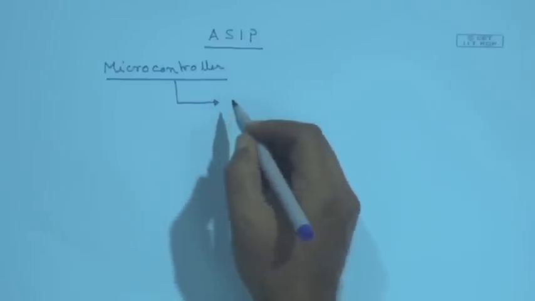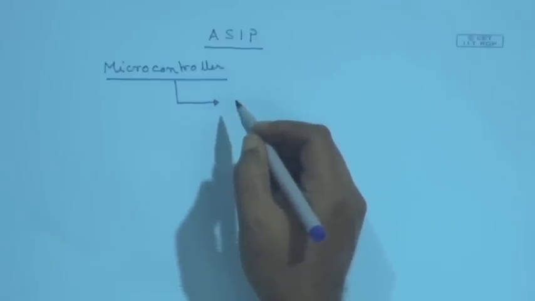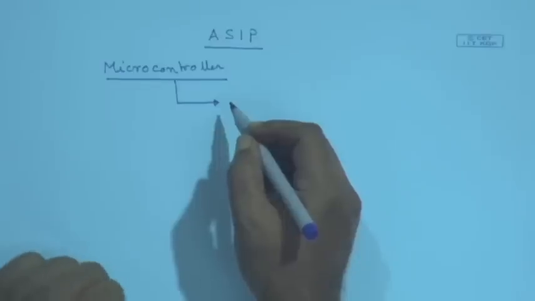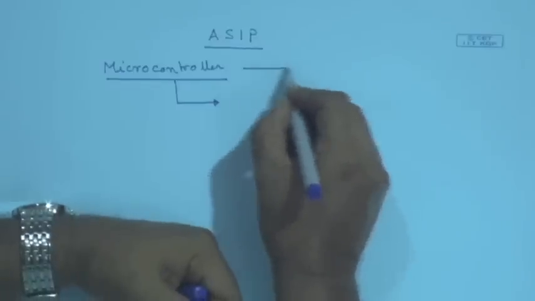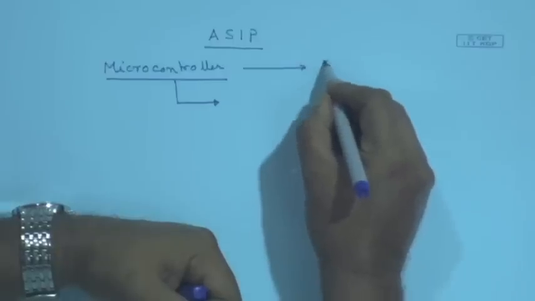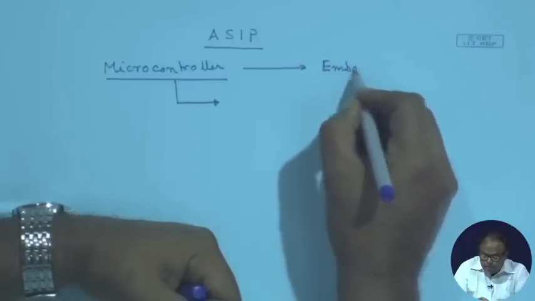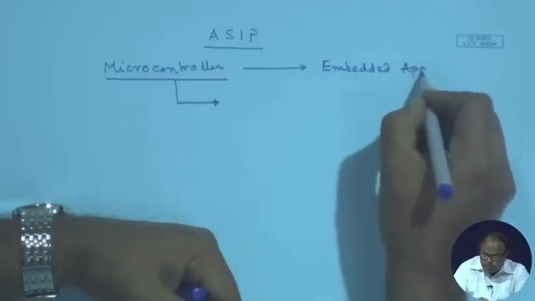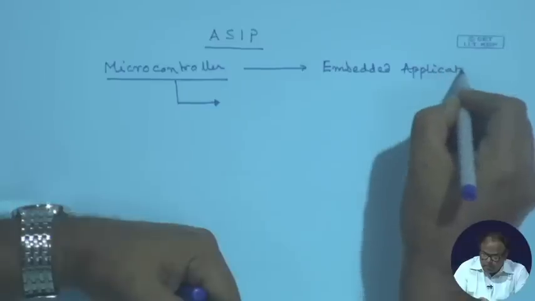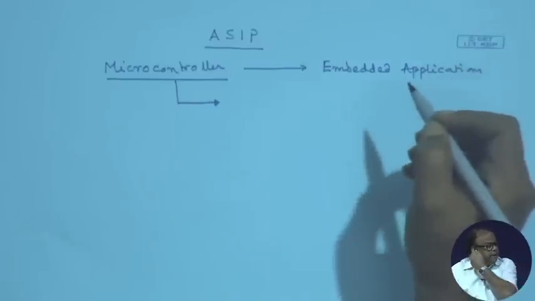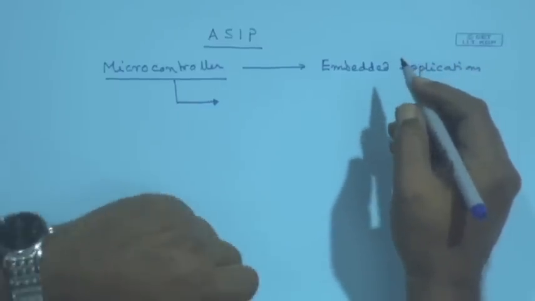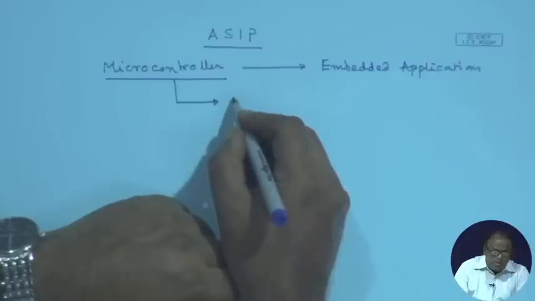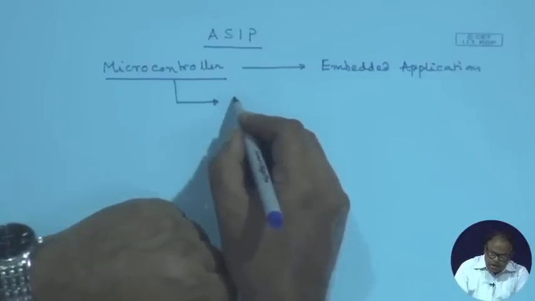A microcontroller has got a microprocessor, no doubt, in it, but a microcontroller is essentially used for embedded applications.